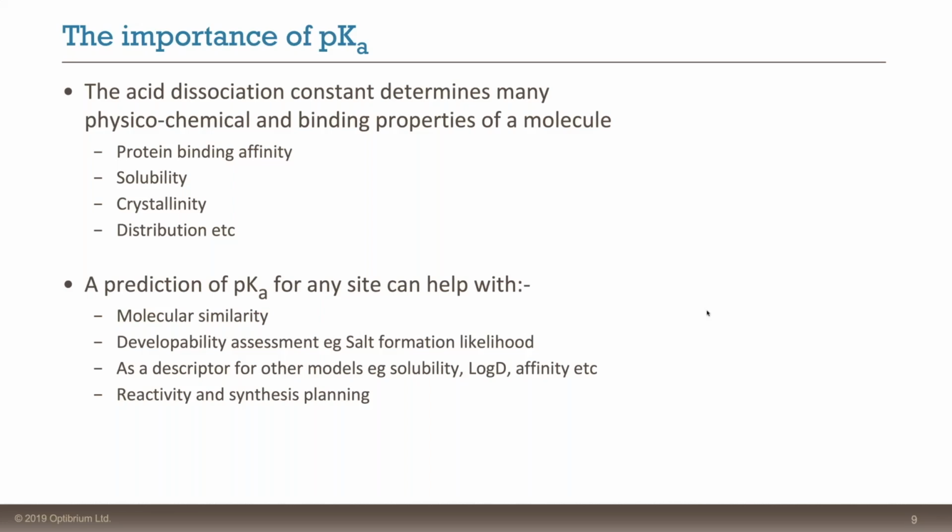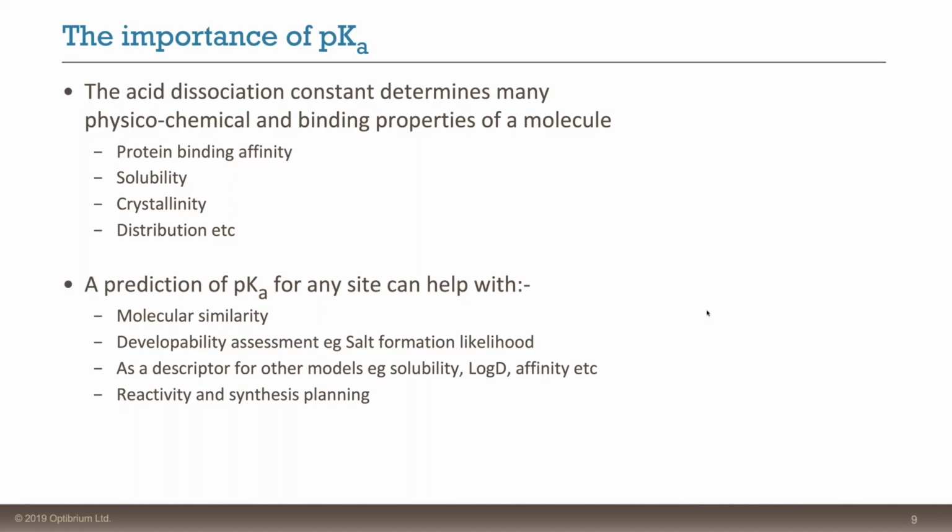It could be, as we've described, its interaction with the solvent that's around it and the solubility that's there. It could be its interaction with itself. The crystallinity, the packing of a molecule would be dependent upon its charge state. And again, if we're thinking about in vivo experiments, you're looking at a distribution between lipid phases, oleaginous phases, and water. And the charge will have an influence on that distribution.